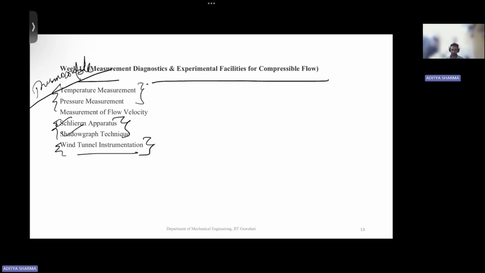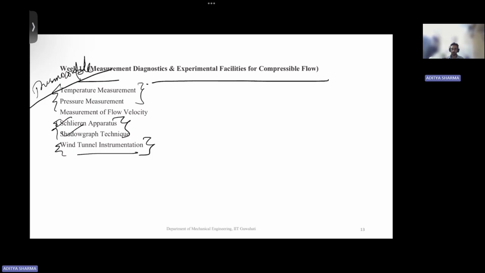Because of flow, there is heat transfer from this tungsten wire, which leads to a resistance change in the wire. And using King's law, we use this data and get our velocity.